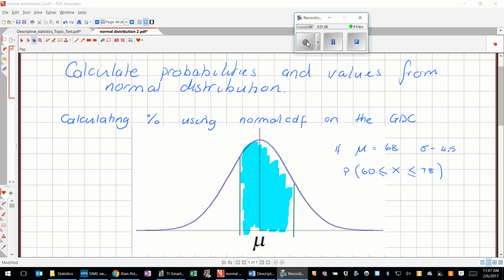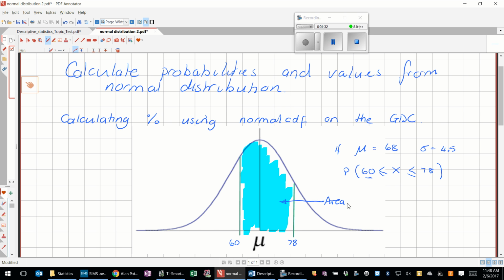So I've drawn on my normal distribution curve two lines, and this line here would represent the 60, and this line would represent the 78. So we're looking for the probability. That means we are looking for the area between them.